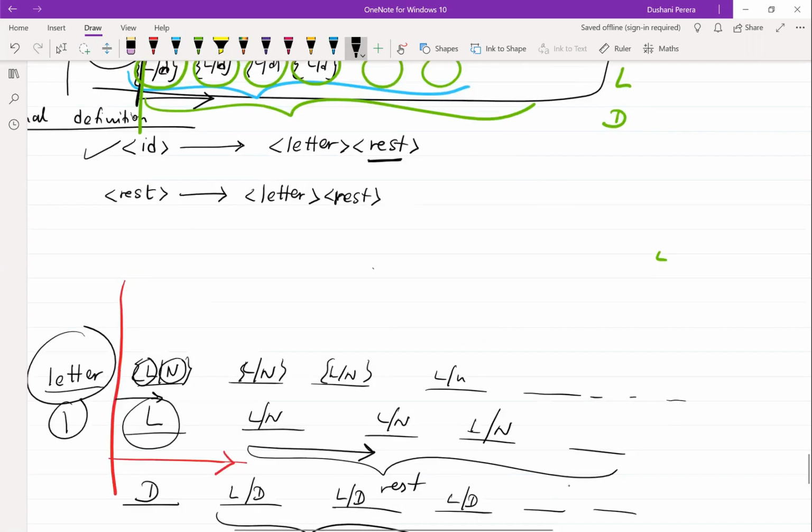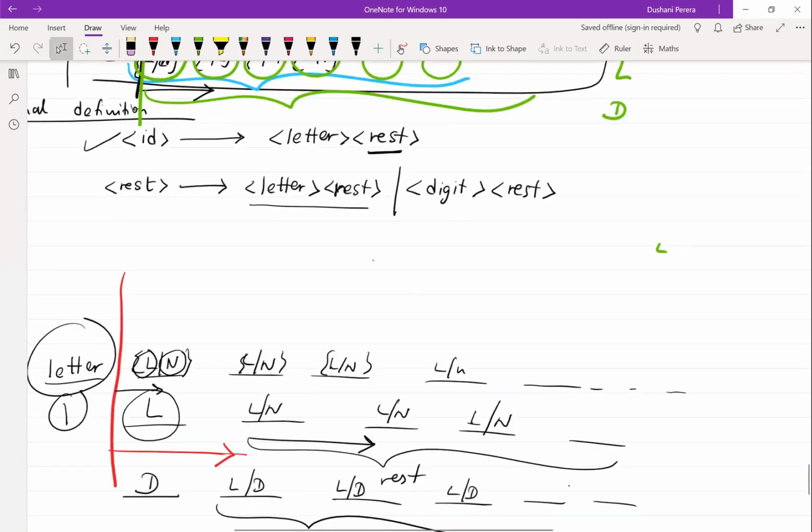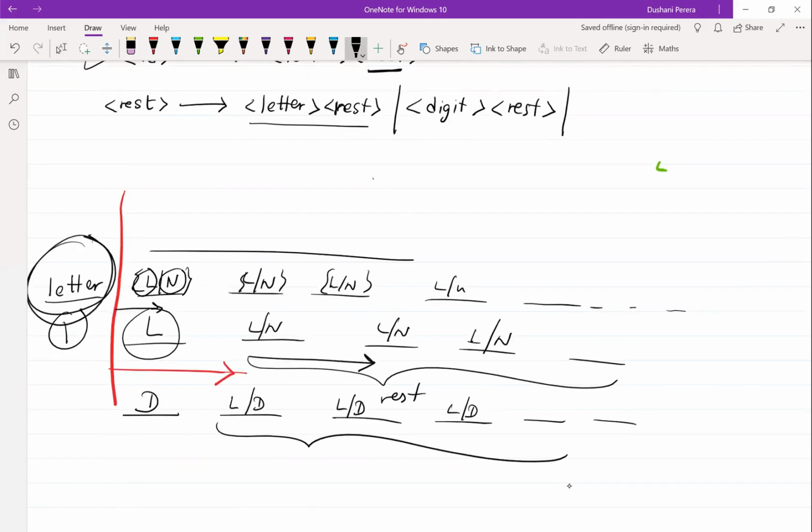Okay, so this could be the case, or vertical line or, what is the other one? Digit and rest. There, another digit and rest. එහෙමත් තව එකක් වෙන්න පුළුවන්. මොකද අනිත් එක? letter එක විතරක් තිබිලා මේකේ rest එක ඔක්කොම මුකුත් නැති වෙන්න පුළුවන්. So in that case it could be null as well.